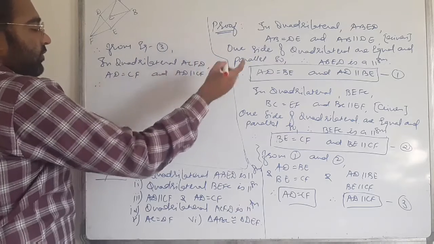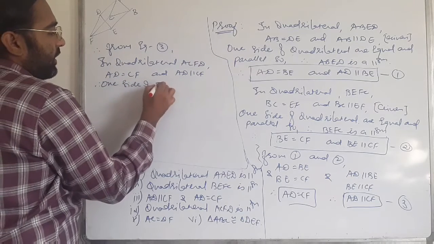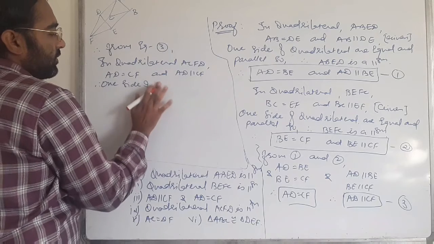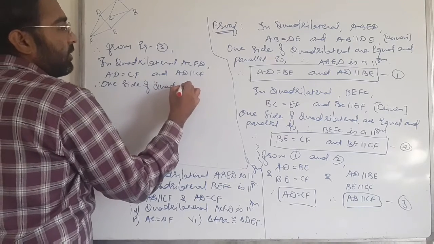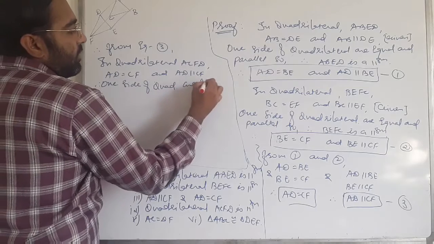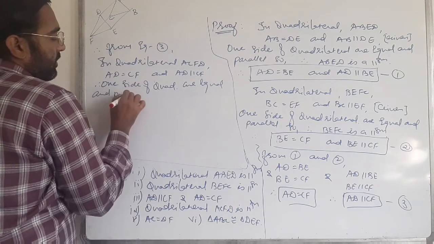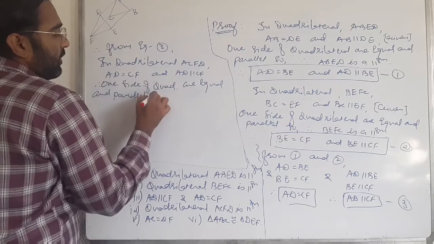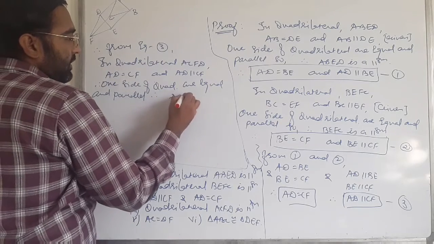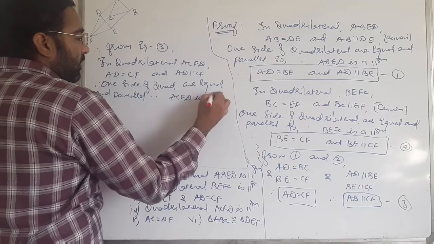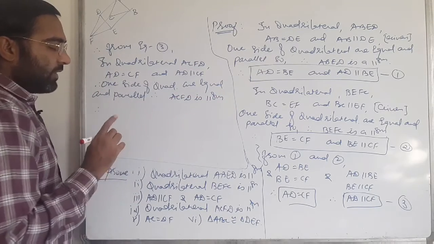Therefore one pair of sides of the quadrilateral are equal and parallel. Therefore ACFD is a parallelogram.